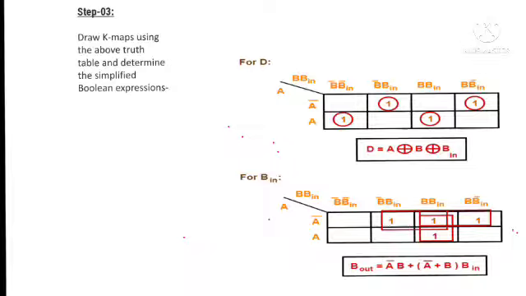Now we have to draw a K-map for B out. So here also it is a 3 variable K-map. So we have to draw and we have to loop. We have to consider where the ones we get. So let's see the truth table ones.